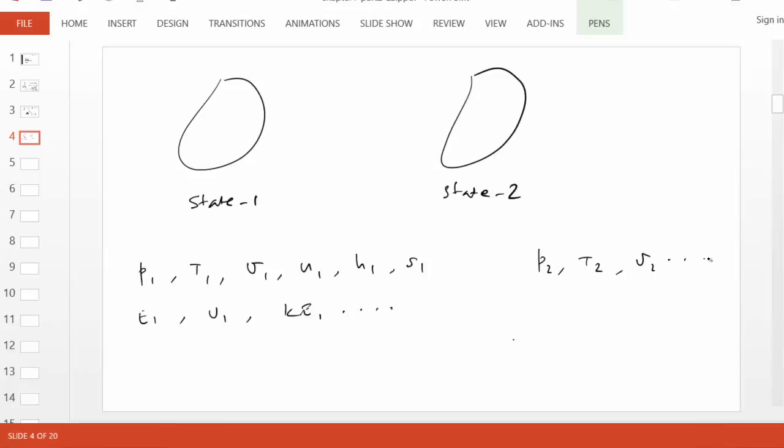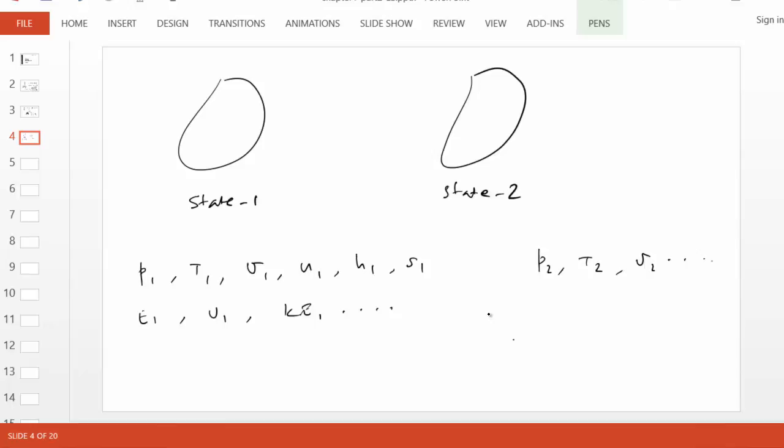So to describe a system, we need a bunch of different kinds of properties. So far, we have talked about two kinds of properties. All these properties can be divided into either extensive or intensive properties. We also have defined what specific properties are, recall that.